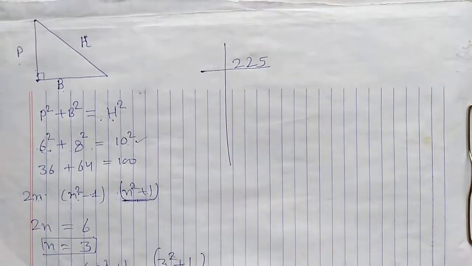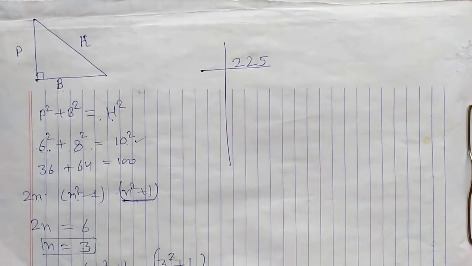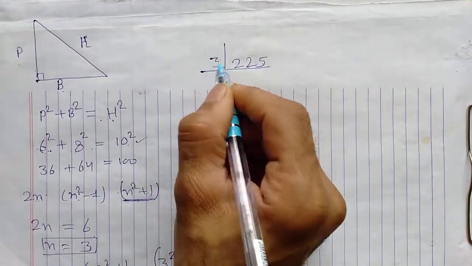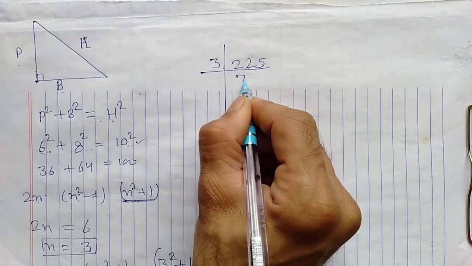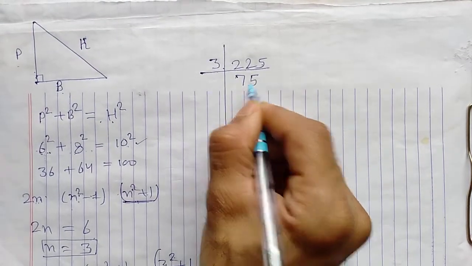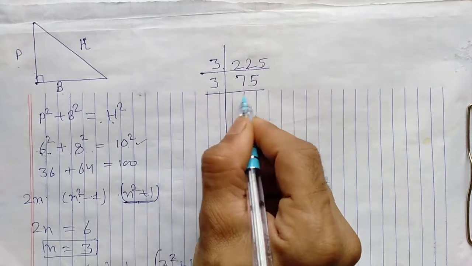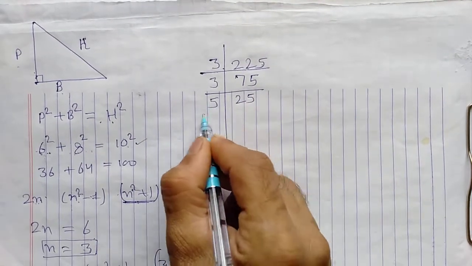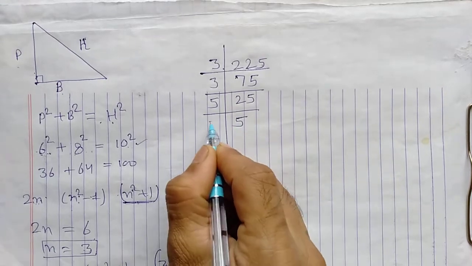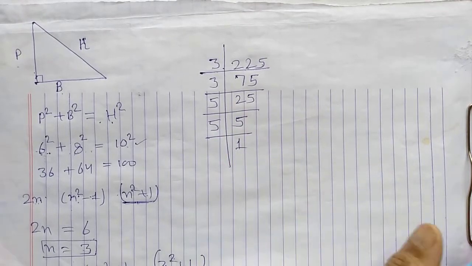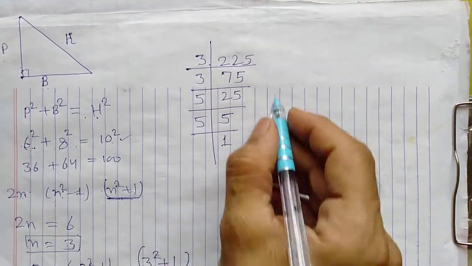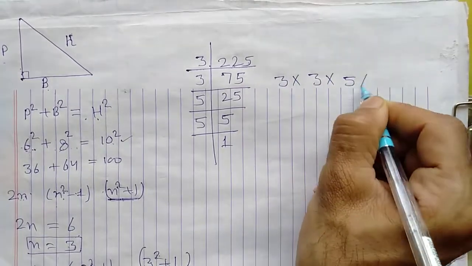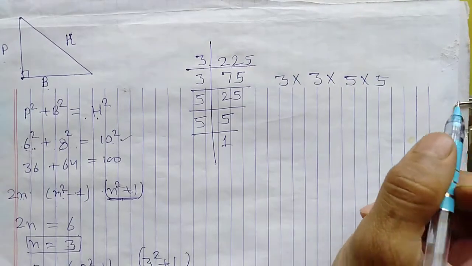Is it divisible by 2? No. Is it divisible by 3? 2 plus 2 plus 5 equals 9. Yes, it is divisible by 3. When we divide, 3 sevens are 21, and 75. Again divisible by 3, it goes 25 times. Now divisible by 5. 5 fives are 25. Now by 5, 5 ones are 5. Now see, this is equal to 3 multiplied by 3 multiplied by 5 multiplied by 5.